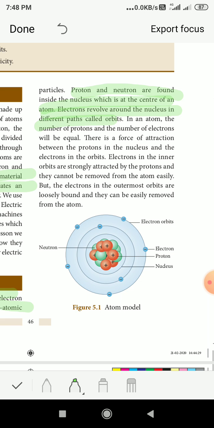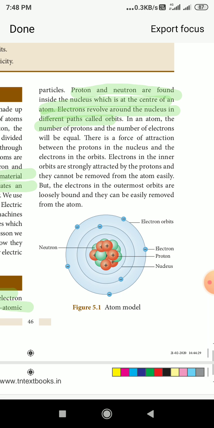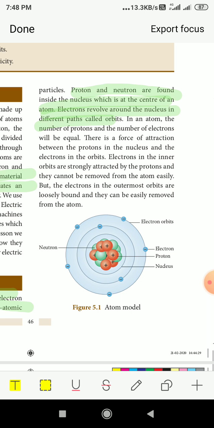You have already studied these in your atomic structure lesson. See here, the atom model is shown: the electrons are revolving in their orbits, and the protons and neutrons are in the middle, in the nucleus. The neutrons have neutral charge, and the protons have positive charge.